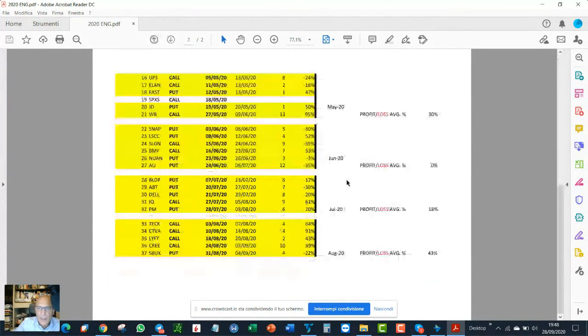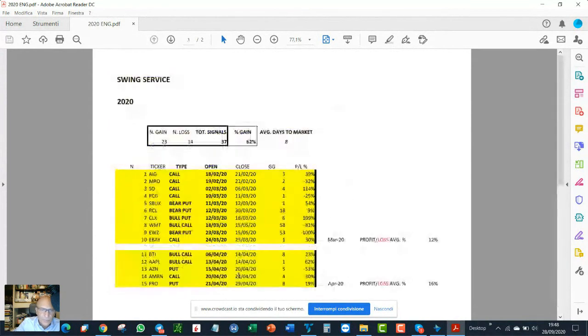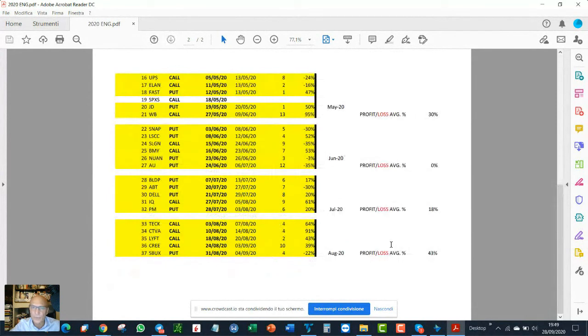And in April, we had 1, 2, 3, 4, 5 signals, so we had half of the signals that we had in March, and the average profit or loss that we had at the end of April was 16%. So it was close to the performance we had the month before.